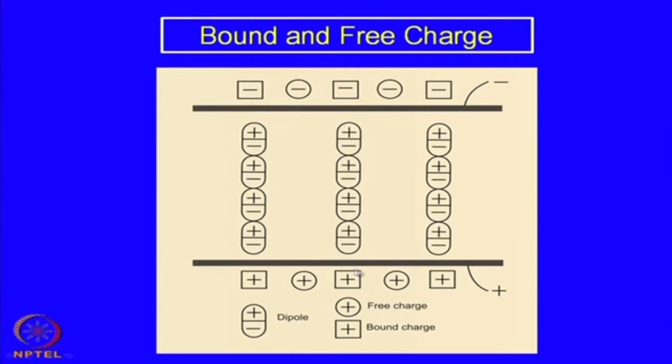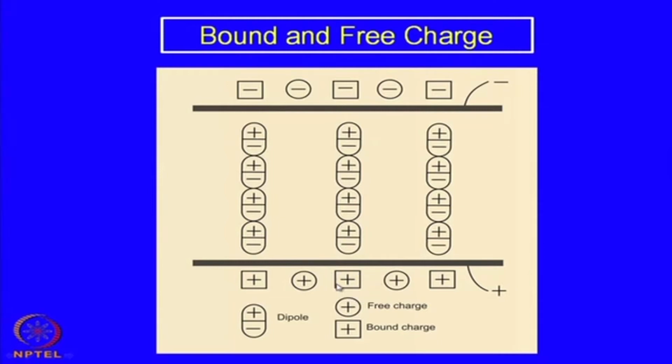Whatever positive and negative charges were present, either in the form of cations, anions, or maybe electrons as well as protons, all of them will realign themselves against the electric field and some of them will be neutralized.